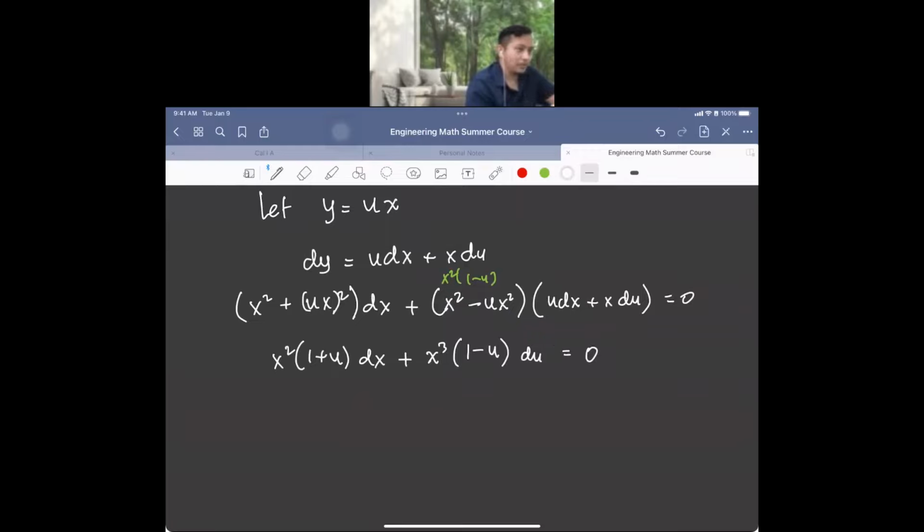Okay, now we divide, and we make that (1 minus u) over (1 plus u) du. This will be plus, divided by x cubed becomes 1 over x.